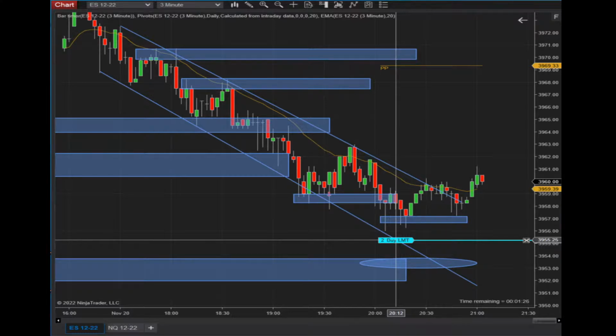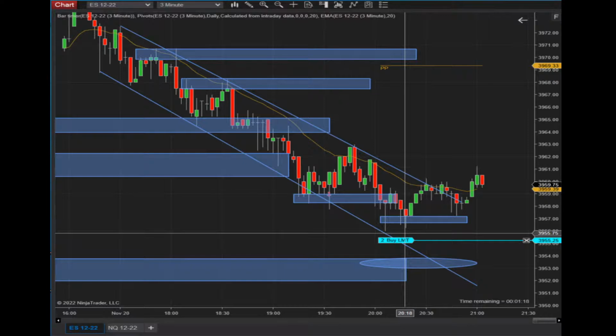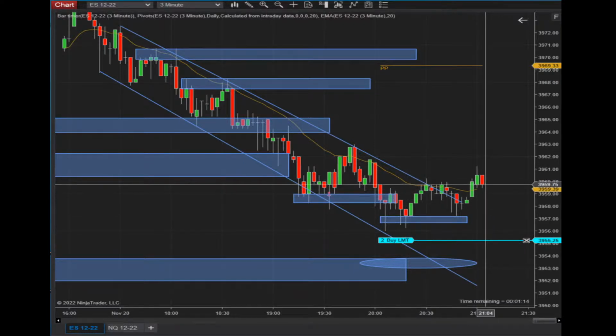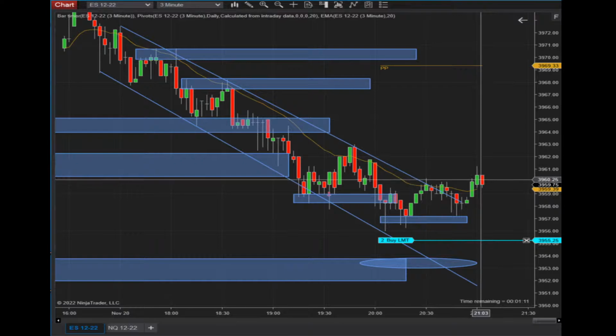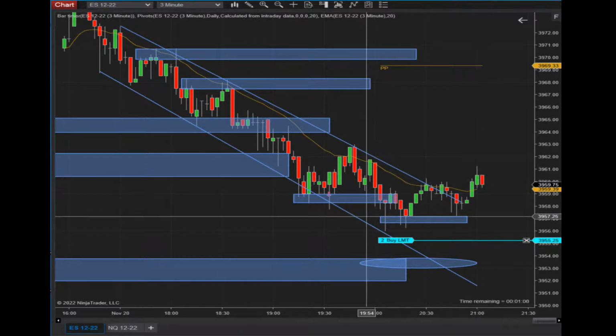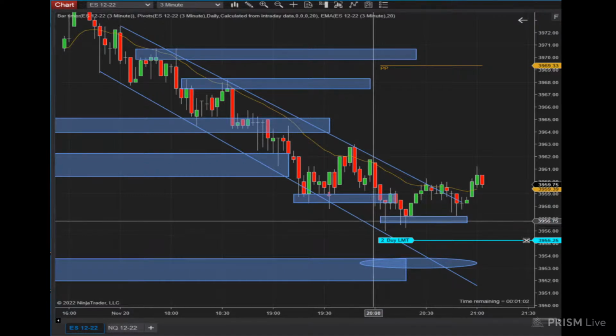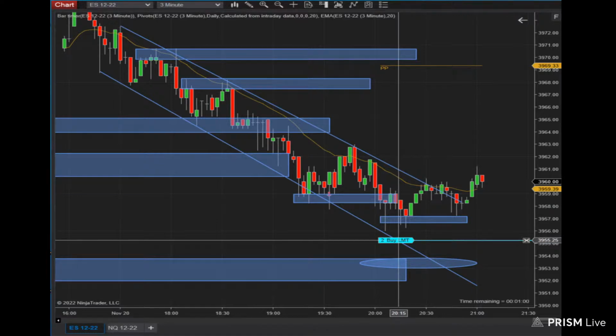A minute 27 left in this candle. Would love to see it kind of come down a little bit and then get rejected, go back up and end up as a small little red body with the long wick. All right, less than a minute left in this. Where are you going?